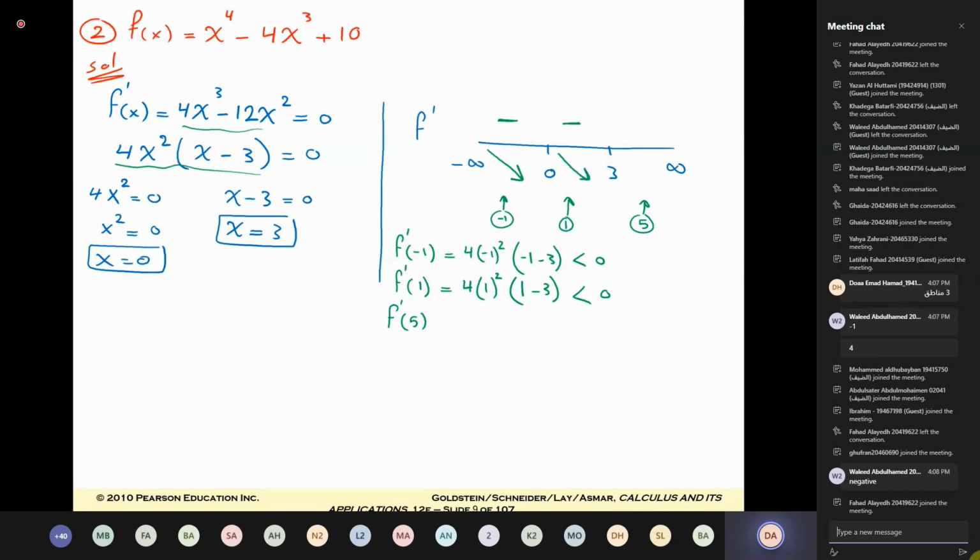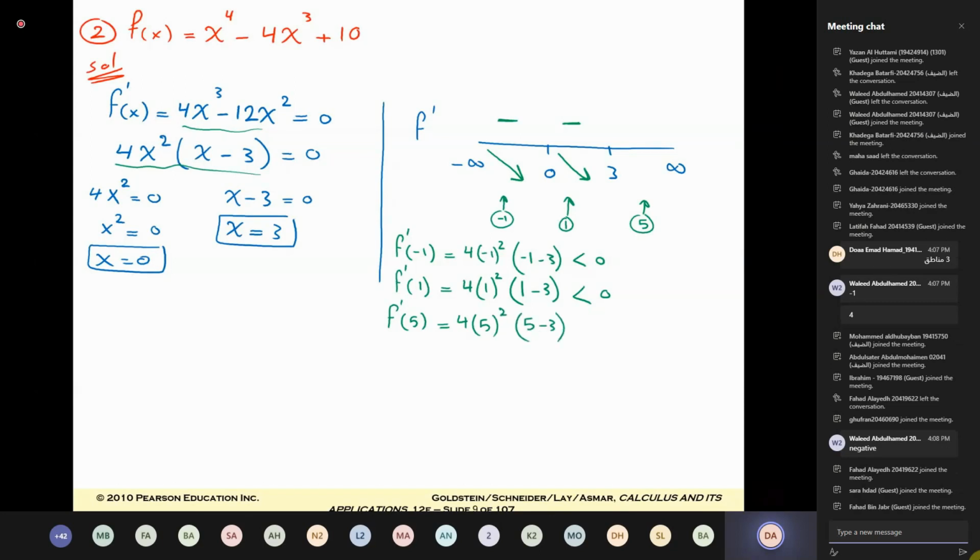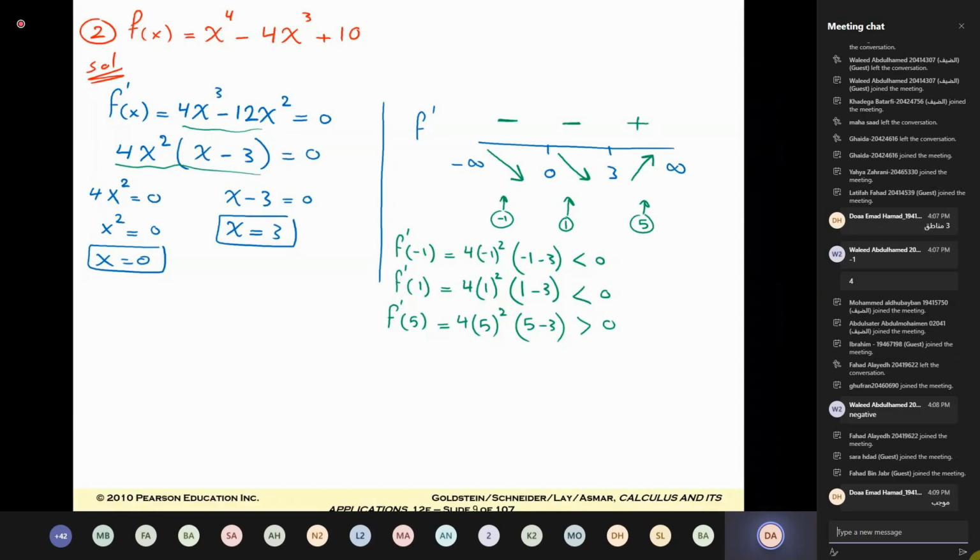Okay. For the third region, we have 4 multiplied by 5 square and 5 minus 3. We have positive multiplied by positive, so we have positive, and this is the direction up.